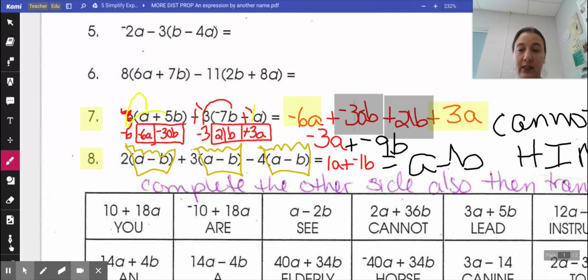Look, I got 2 baskets plus 3 baskets of the same things. That's 5 of my baskets. Take away 4 baskets leaves me with 1 of these baskets. 2 baskets plus 3 baskets is 5 minus 4 baskets is 1 basket of an apple with a negative nasty banana.